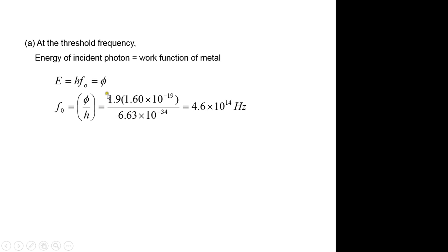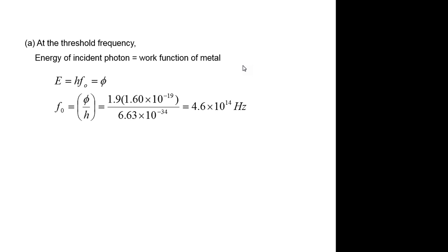The difficulty here is knowing how to convert eV to joules. You must take joules over Planck's constant. Can you annotate in the working, write the top part, 1.9 times 1.6 times 10 to the power minus 19. This whole thing is so that you can convert eV to joules.